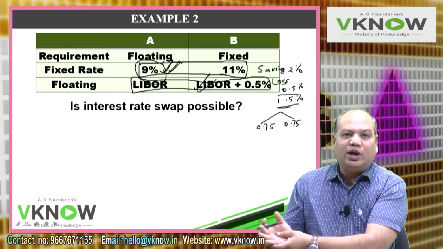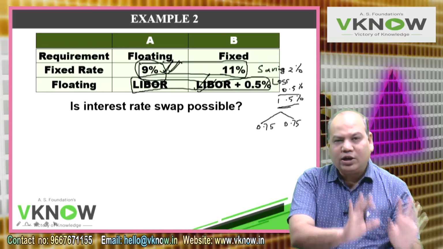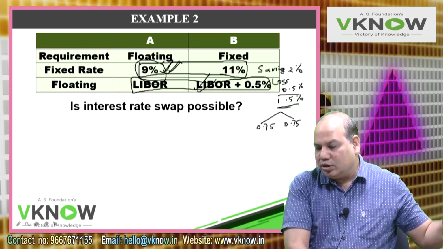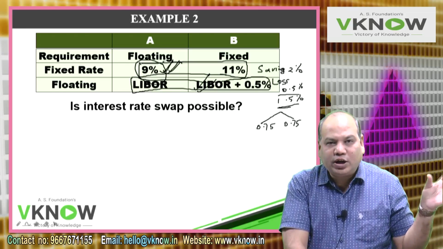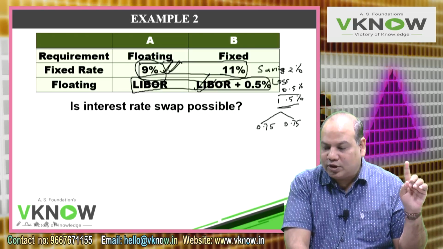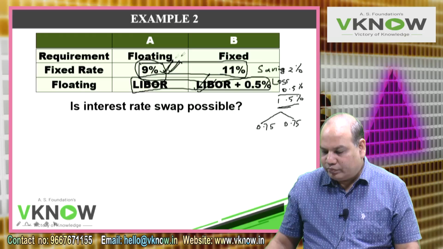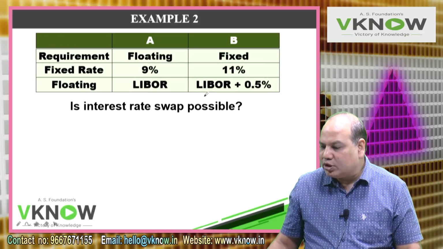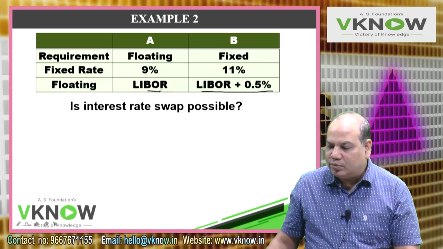B will borrow at LIBOR plus 0.5, but transfer to A at LIBOR. That is what A would have paid in the market. So A does not gain or lose on LIBOR, but A gains 0.75 on fixed rate. Look at it from B. On floating rate, B borrows at LIBOR plus 0.5, transfers to A at LIBOR.